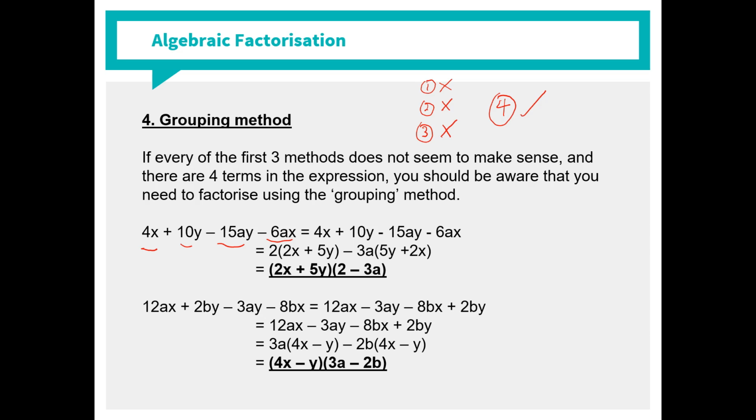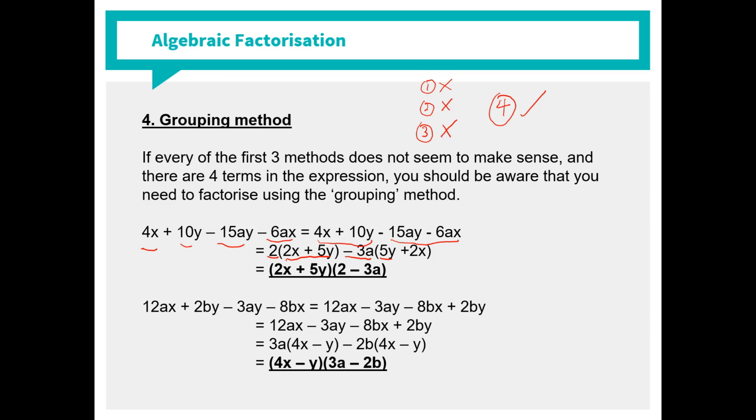What I will do is group the first 2 terms together and the last 2 terms together. Grouping 4x plus 10y together, I'll take out a common factor of 2. That will give me 2x plus 5y. As for negative 15ay minus 6ax, I'll take out a common factor of negative 3a. Take note that negative 15ay divided by negative 3a will give me 5y.